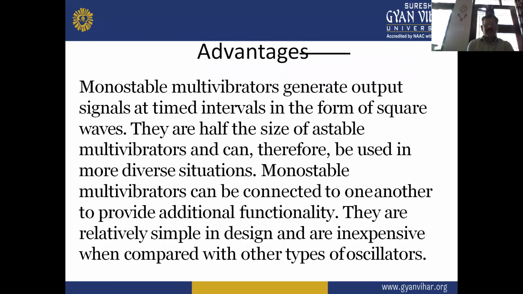And what are the advantages of monostable multivibrators? Monostable multivibrators generate output signals at time intervals in the form of a square wave, and they are the size of astable multivibrators and can therefore be used in more diverse situations.